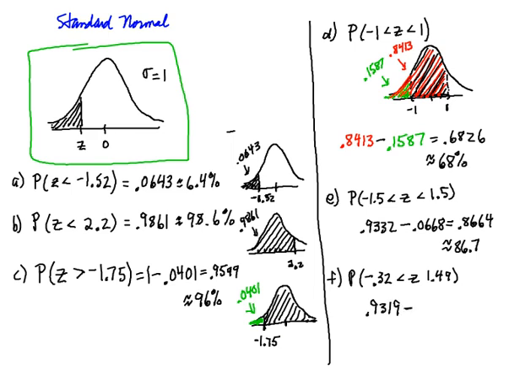And then the negative 0.32, I go down to row negative 0.3 and over to column 0.02. So that gives me 0.3745. And I could subtract those to get 0.5574, which is approximately 55.7%.